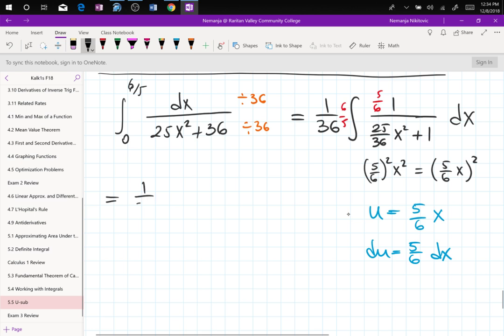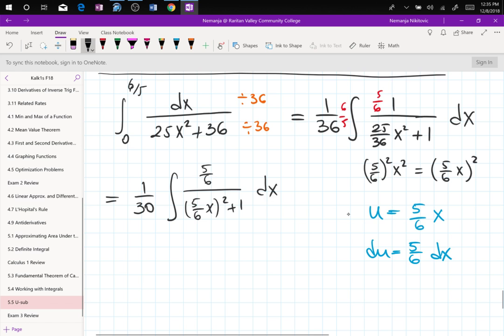You get 1 over 30. The integral 5 over 6 divided by 5 over 6x everything squared plus 1 dx.